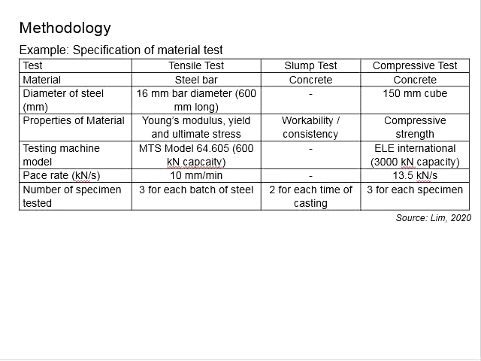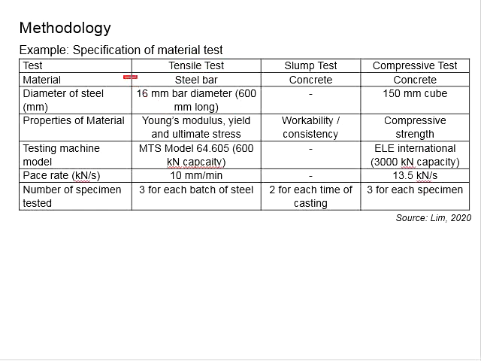Therefore, in this case, the exact numbers of the properties of the steel are important. Therefore, you need to first test the properties of the materials for both the steel bar and the concrete. We are looking at the critical specifications of the material, which in this case, for your steel bar, will be the tensile strength. You will need to conduct the tensile tests for the steel bar.